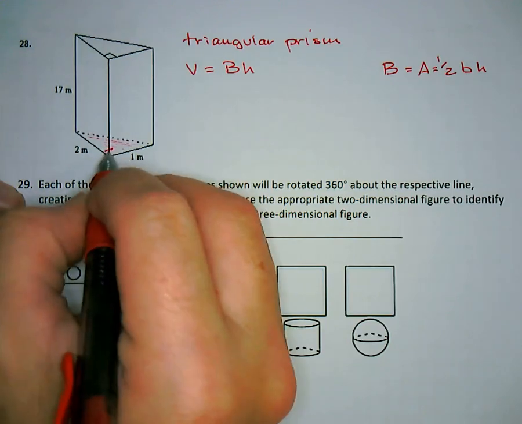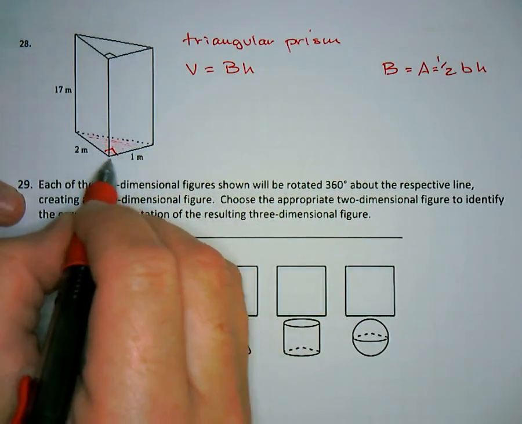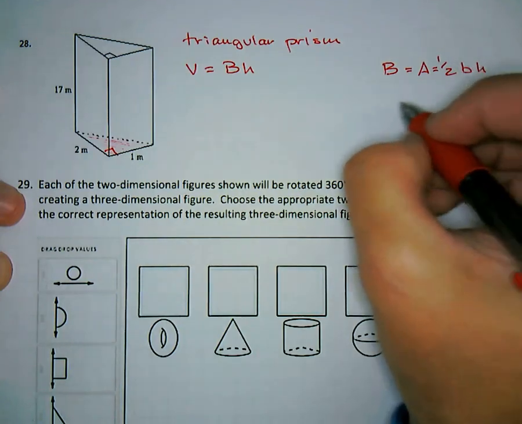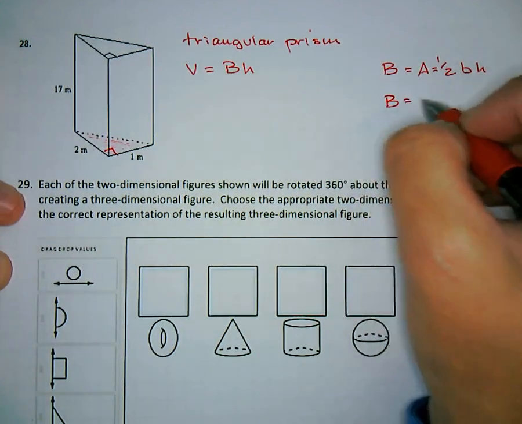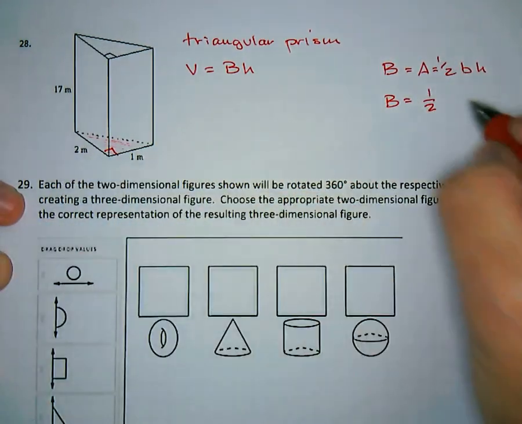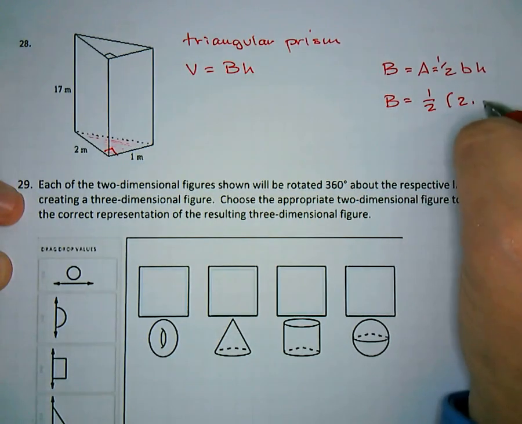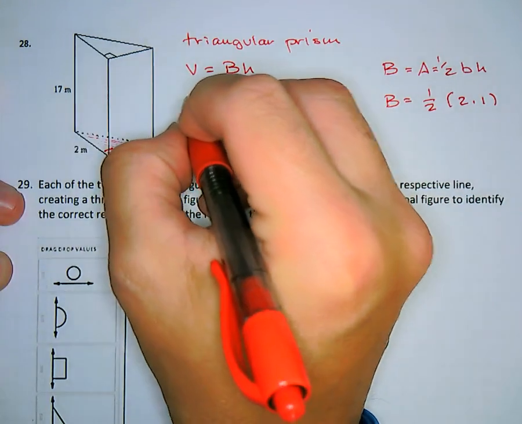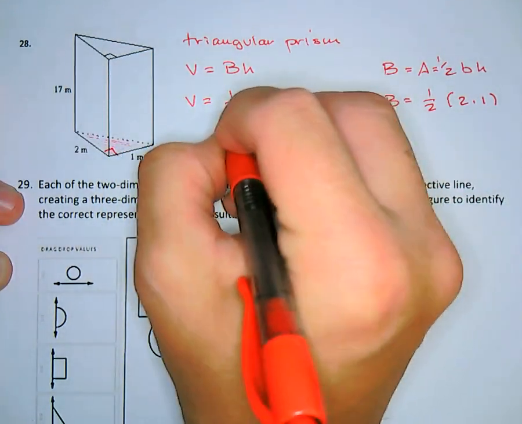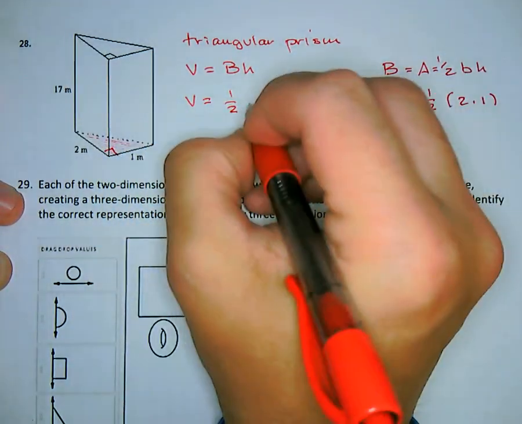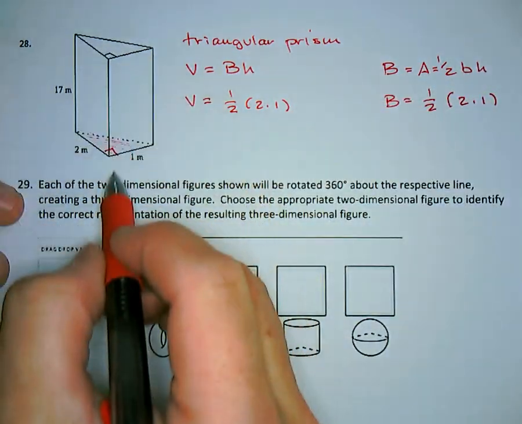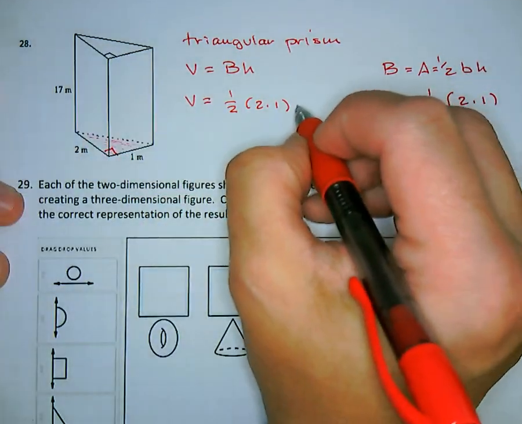We just know that a base and a height are 90 degrees from each other. So our base is 1/2 of a 2 by 1. That's what the B is. So our volume is going to be 1/2 of 2 times 1, and the height of this is the 17 here.